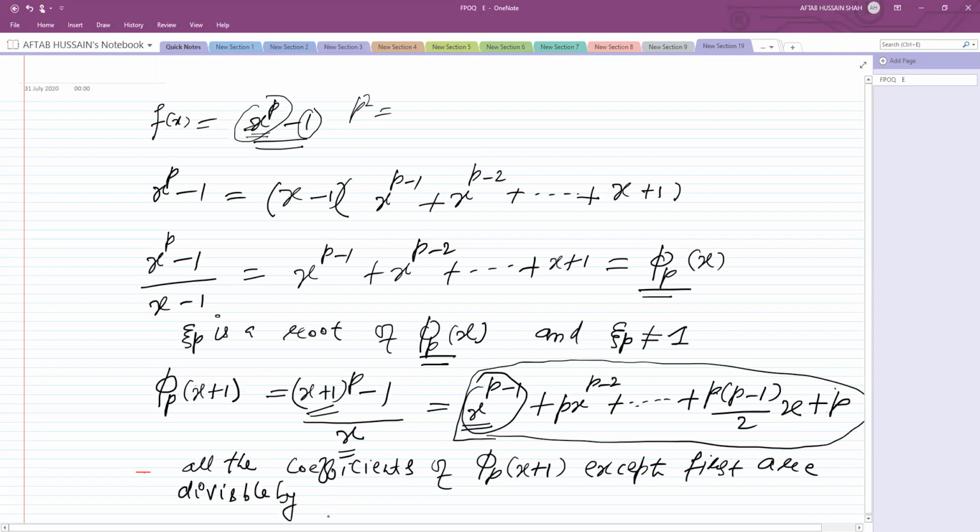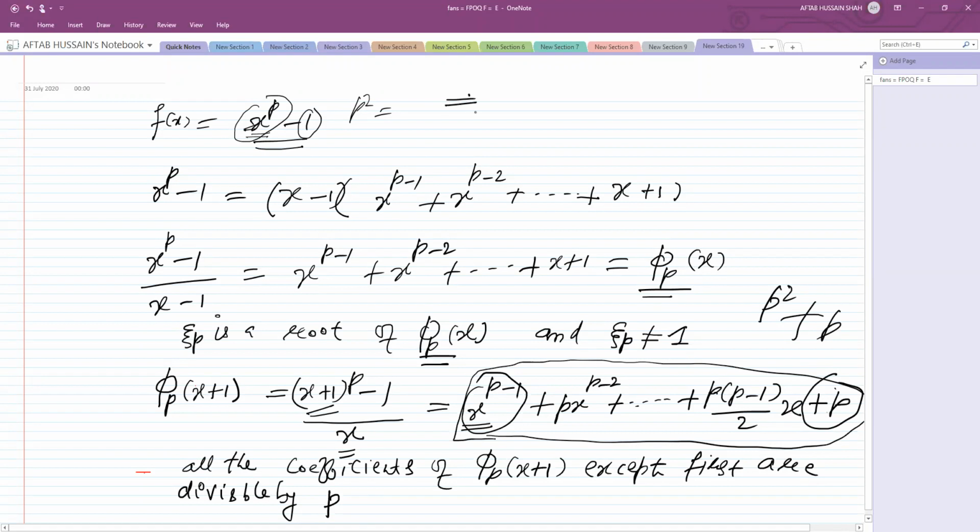And of course p square does not divide this constant term p. So this means by Eisenstein's criteria this polynomial phi p of x plus 1 is irreducible.